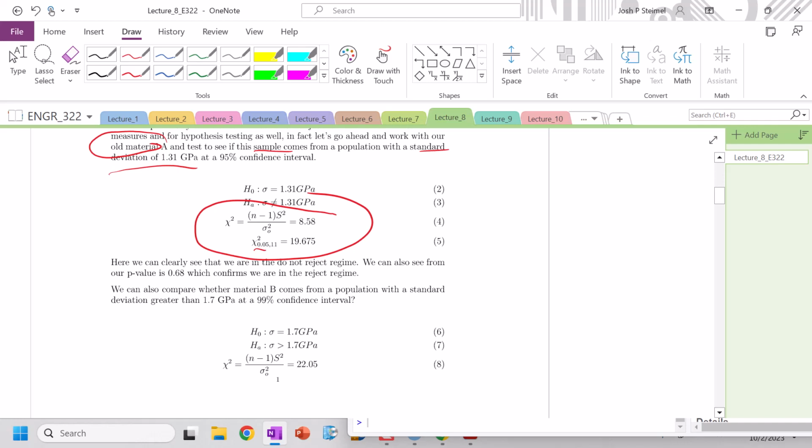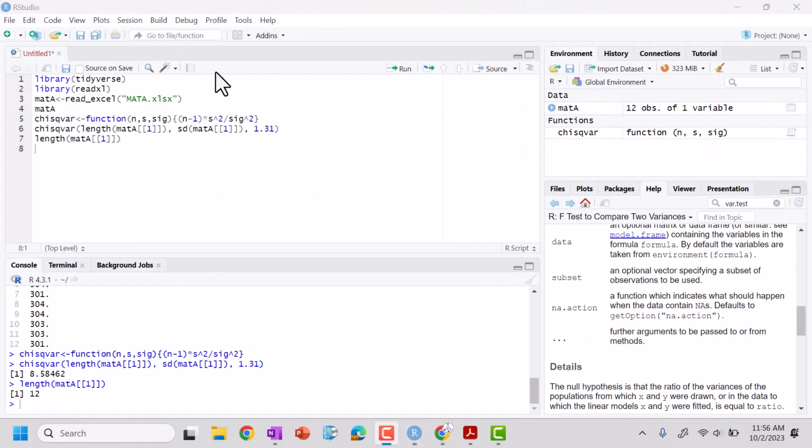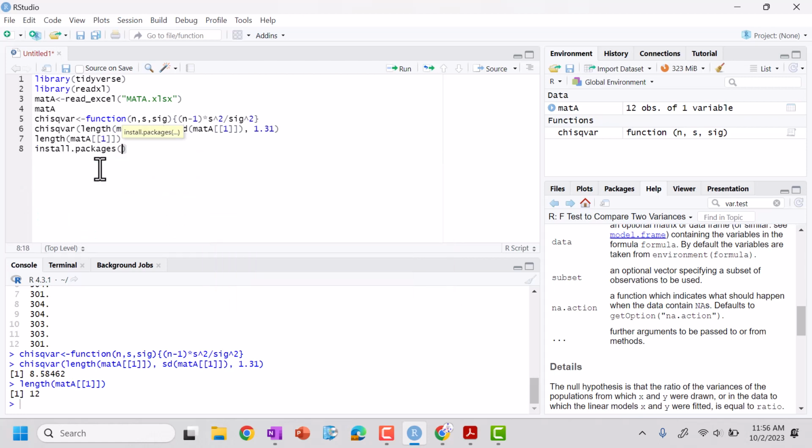Let's solve this using R, and let's actually calculate our p-value as well. If we want to solve this with R, we are going to have to bring in an additional package, because our previous var.test was only looking at two samples. So we are going to do install.packages and install EnvStats, environmental stats.